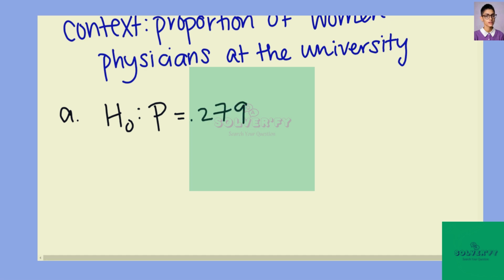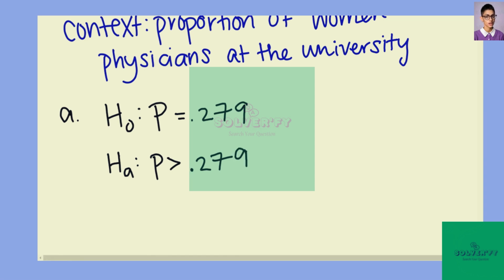And the alternative is that the proportion is actually, in this question specifically, we are looking at whether or not the proportion of women at the university as physicians exceeds or is greater than 0.279. So that's part A.